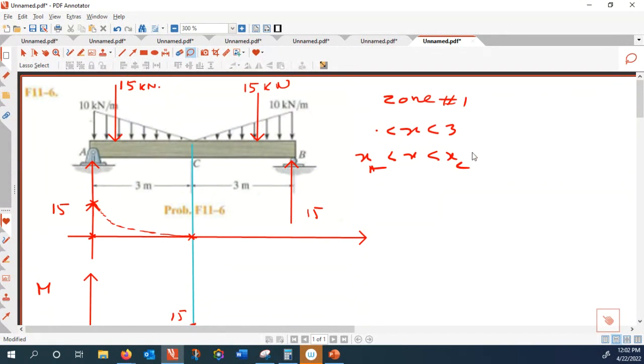Okay, zone number 2, x changes between 0 to 3, that is x at c and x at b. So here we have two pairs. At x equal to 0, what is w in the second zone?